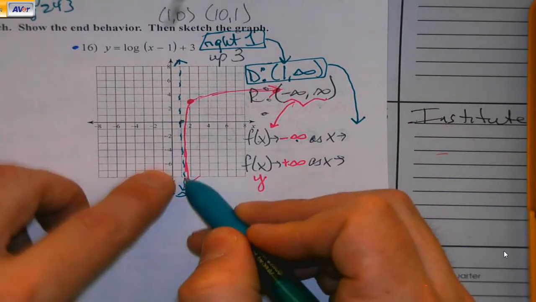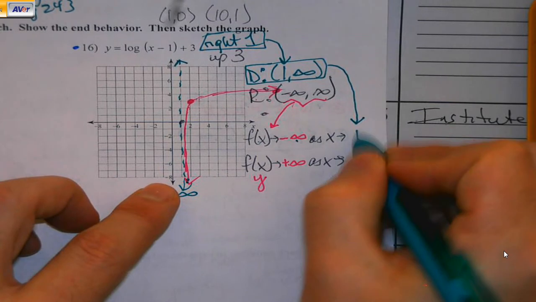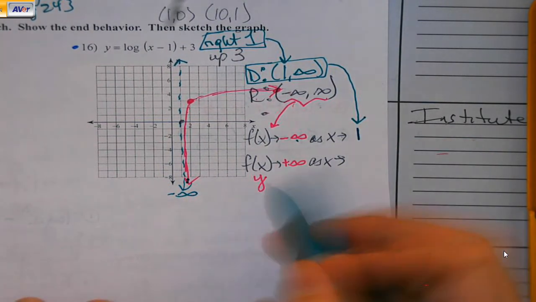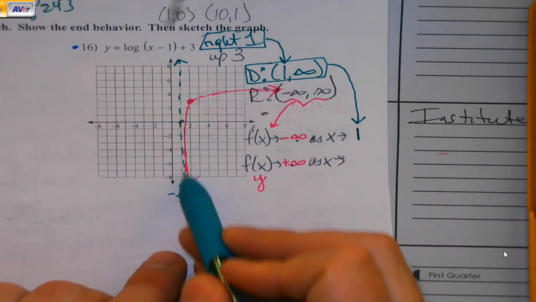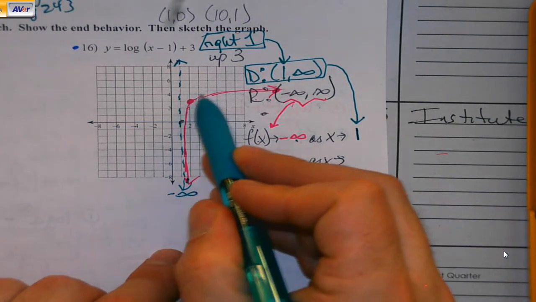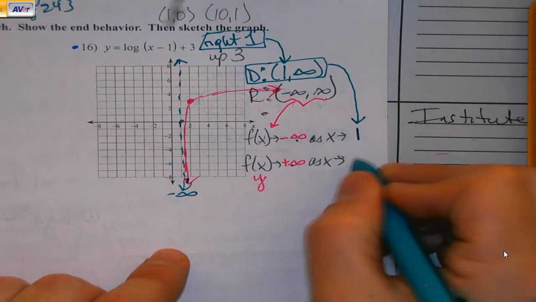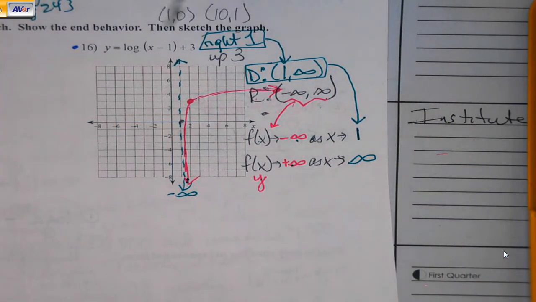Well, I'm getting closer to my asymptote. So I'm getting closer to 1. As y goes up, what's happening to x? Am I getting closer to 1 or closer to positive infinity? Well, it looks like I'm going forever to the right. And I can make that connection.